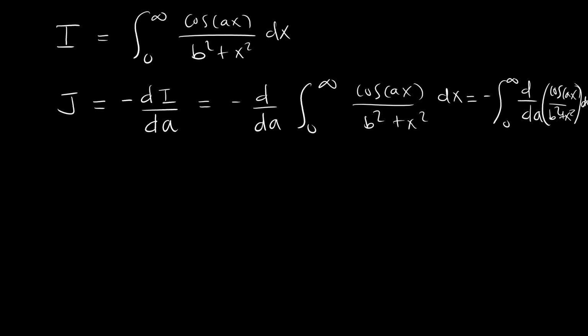Differentiating under the integral with respect to dx, we get the integral from 0 to infinity of x sine of ax over b squared plus x squared.